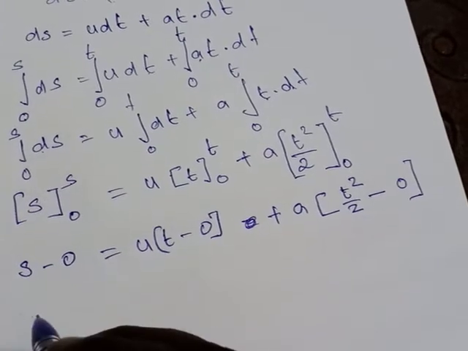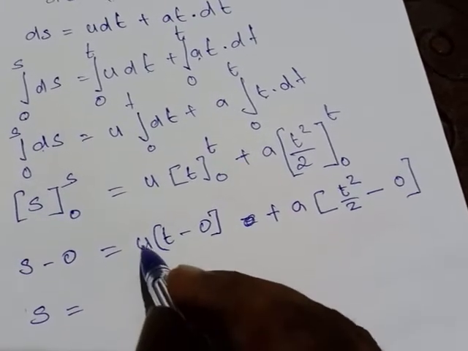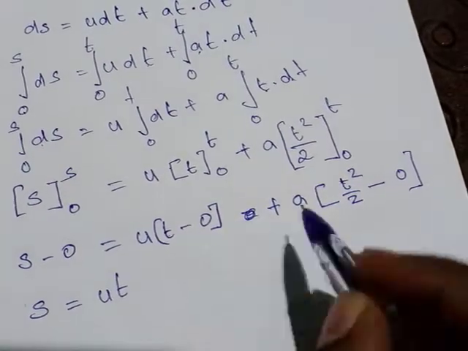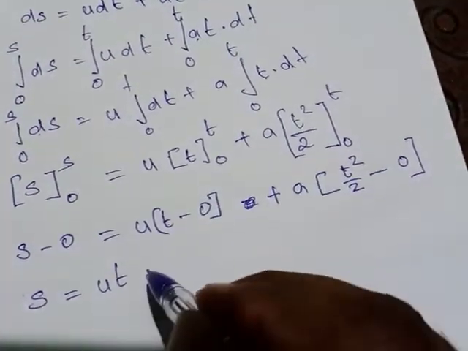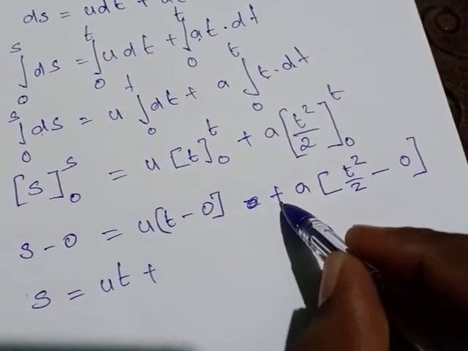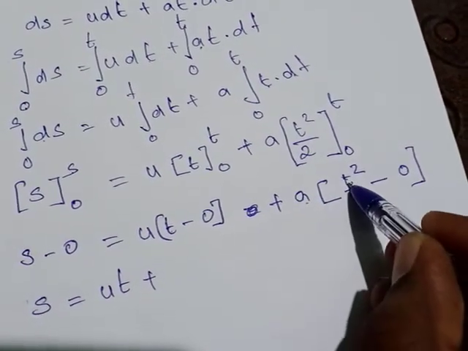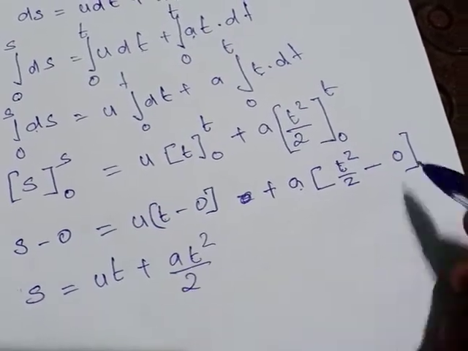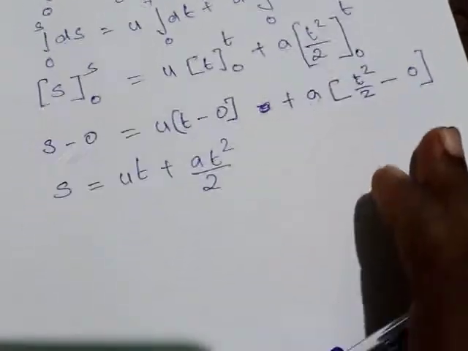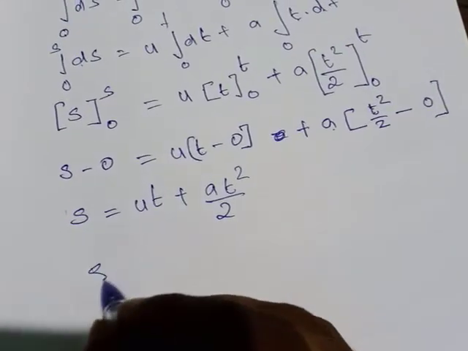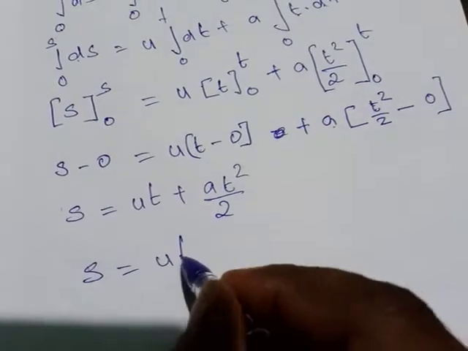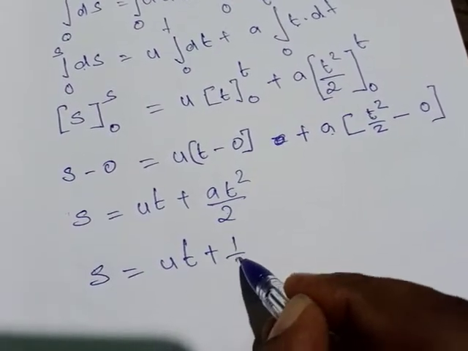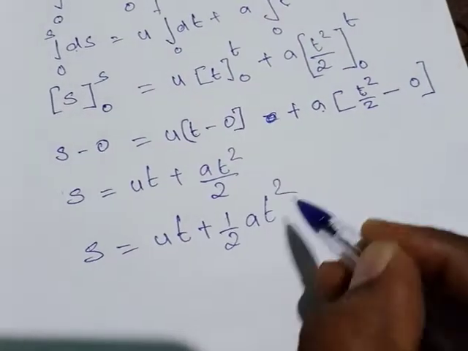So s minus 0, s equal to u into t, ut, minus 0 means 0 only, no need. So plus a into t square by 2, then a into 0 is 0, so leave that. So we got the second equation. s is equal to ut plus, take this 1 by 2 outside, 1 by 2 at square.